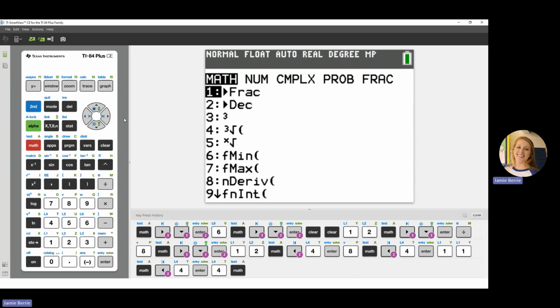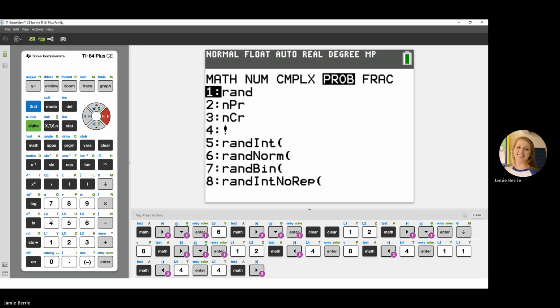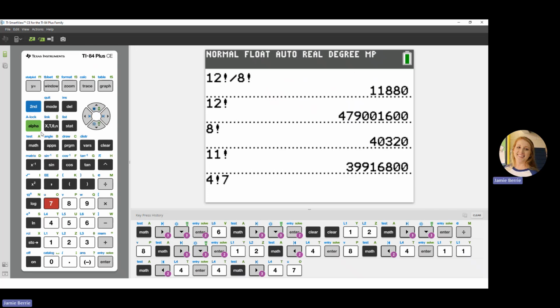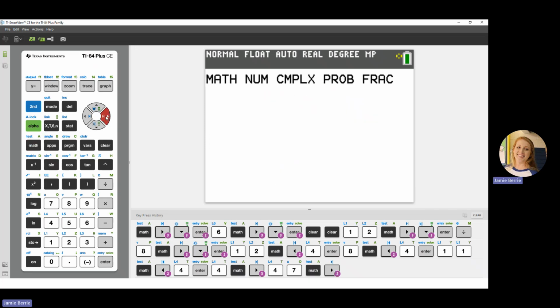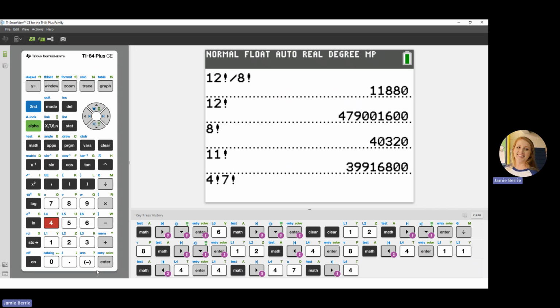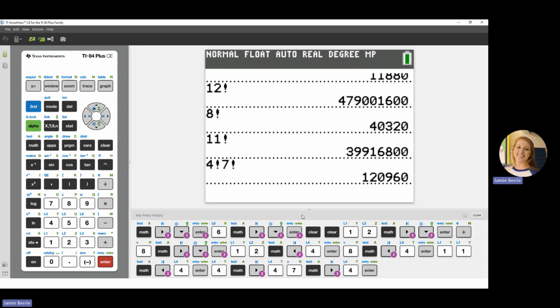4 factorial, 7 factorial. We don't even need to hit the little multiplication symbol in between. Your calculator's going to know that you're multiplying those. All right, so 4 factorial times 7 factorial is 120,960.